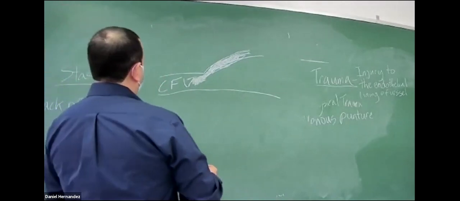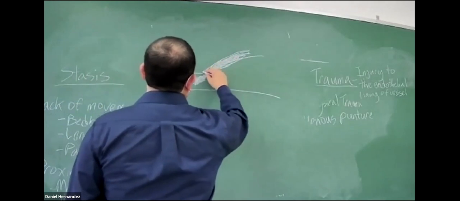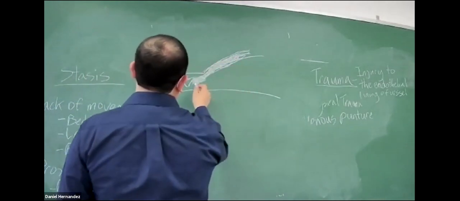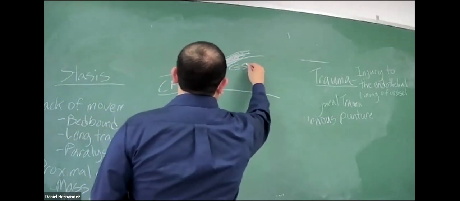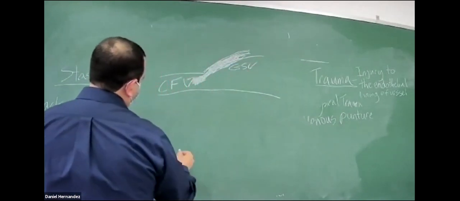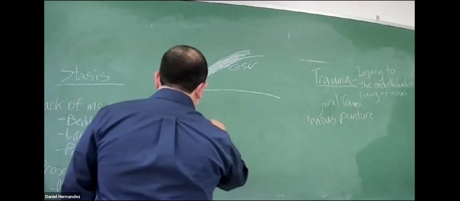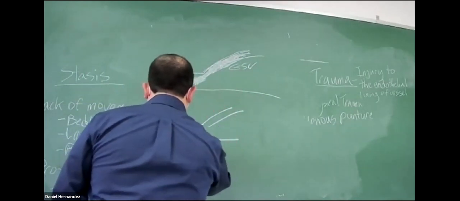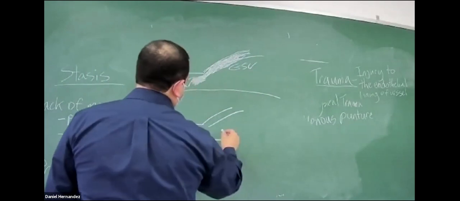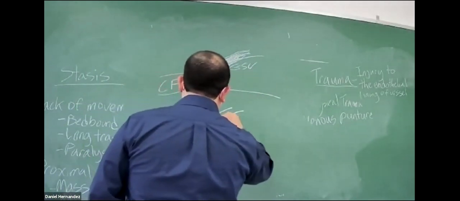With the common femoral vein, you look for that extension of the greater saphenous vein into the common femoral vein. For the popliteal vein, this is your popliteal, and this is going to be your small saphenous vein.